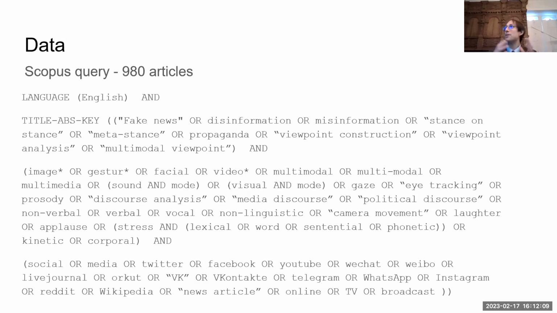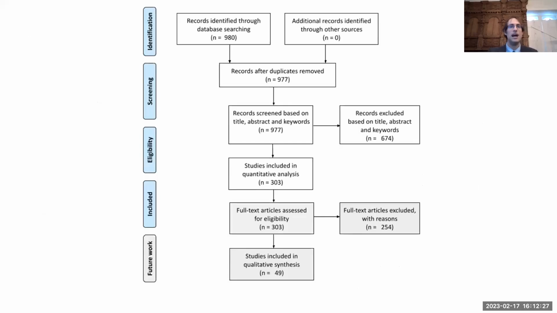So we went to Scopus. We had this big long query, which essentially breaks down into those 3 points of mis and disinformation, things around multimodality, and then points on media or social media. And that returned to us 980 articles. We ran that query in March or April 2020. Then we started to massage the data.